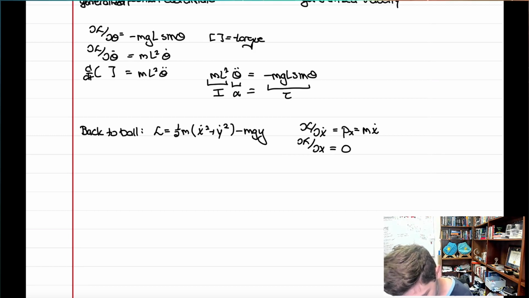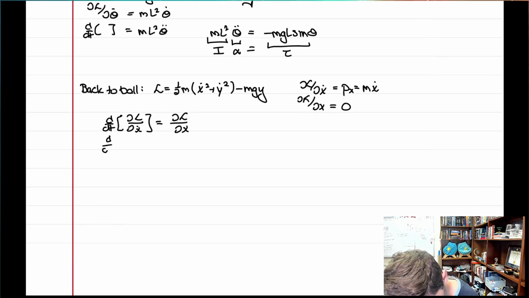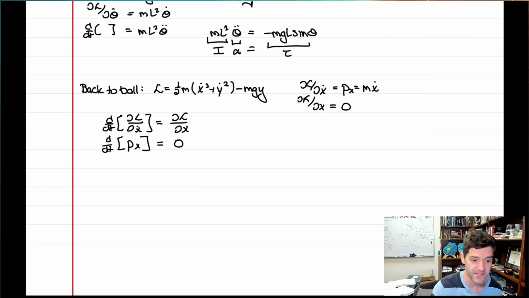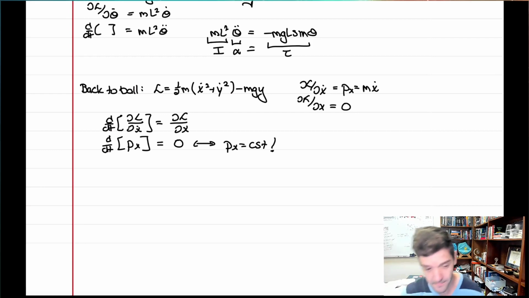Well, of course it does, because the Euler-Lagrange equation says that d by dt of the partial of L with respect to x dot better equal the partial of L with respect to x. But this is just d by dt of the horizontal momentum, and the partial on the right-hand side we just said was 0. So all this says is that the horizontal momentum is a constant.